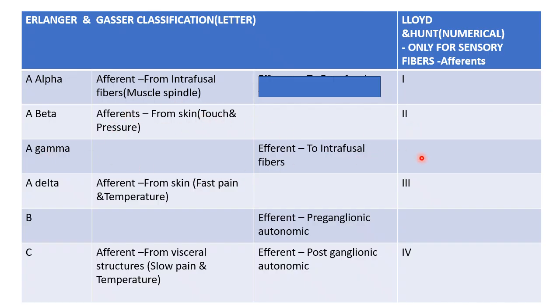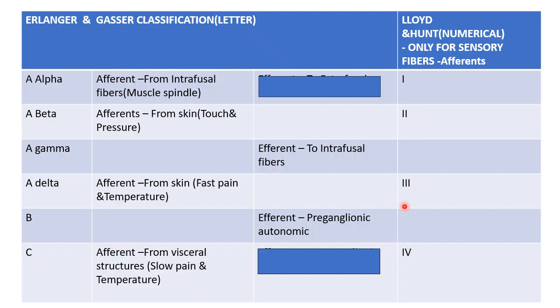And A gamma, there is no number given because it has no afferents. A delta has afferents, so the number given is 3. B has no afferents, so it is not equated with the numerical classification. C has afferent and efferent, and here we take only the afferent, which is called 4.